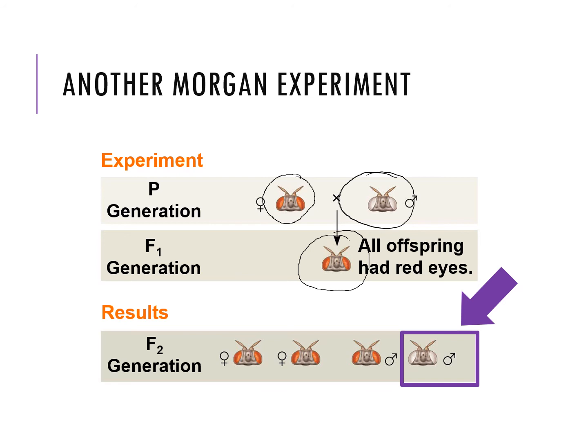We let the F1 generation breed with each other, and the F2 generation ends up with a 3:1 ratio, just like in our pea plant. So that wasn't really that surprising. However, what was surprising was that almost all of the time, the white eyes would be found on a male, not a female, which raised some questions for Thomas Hunt Morgan.